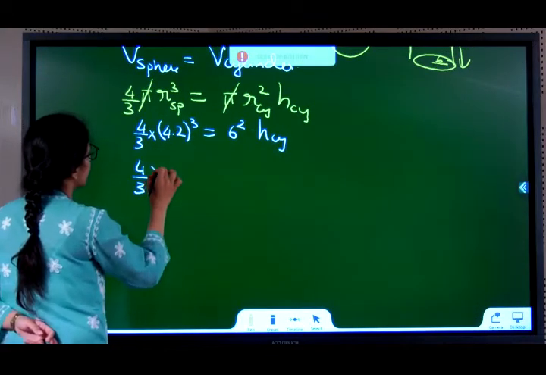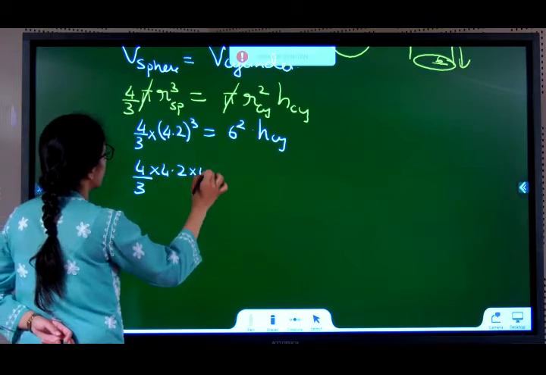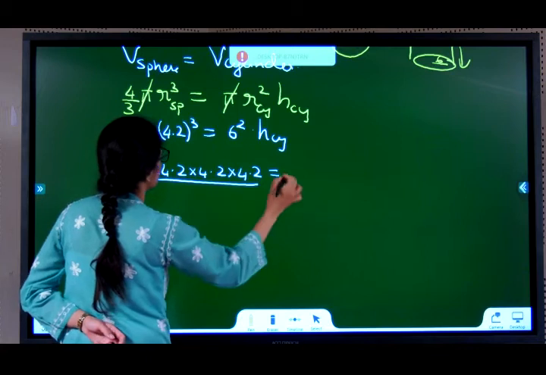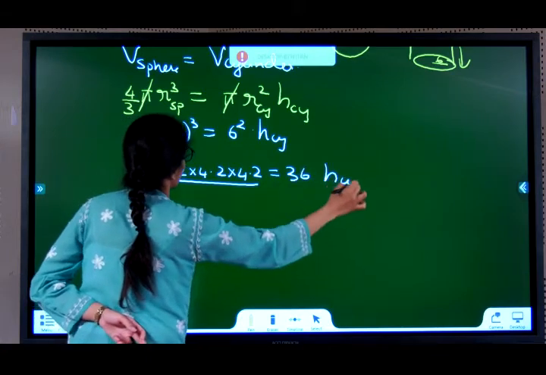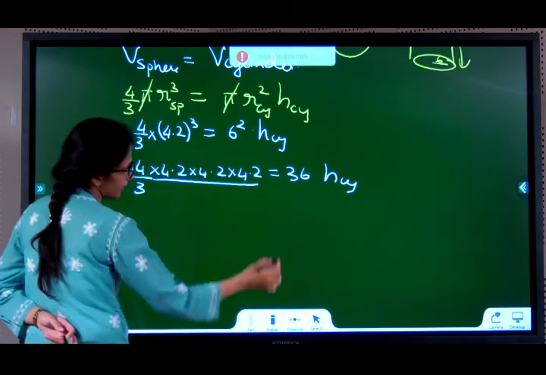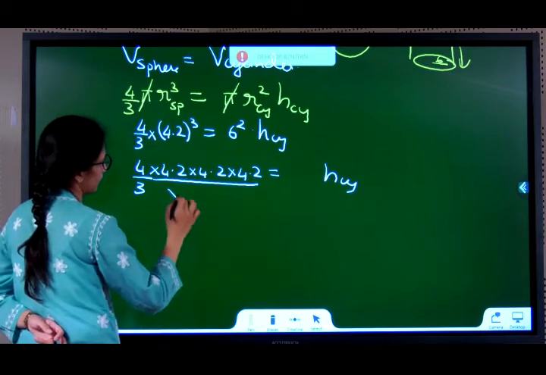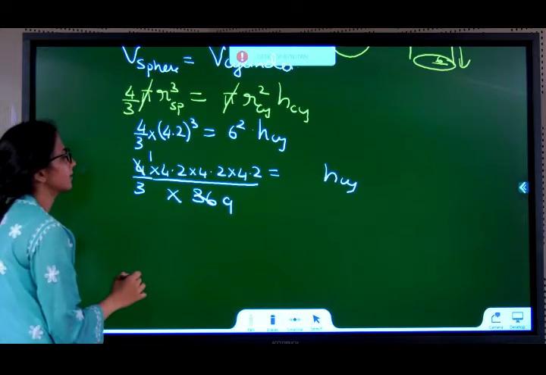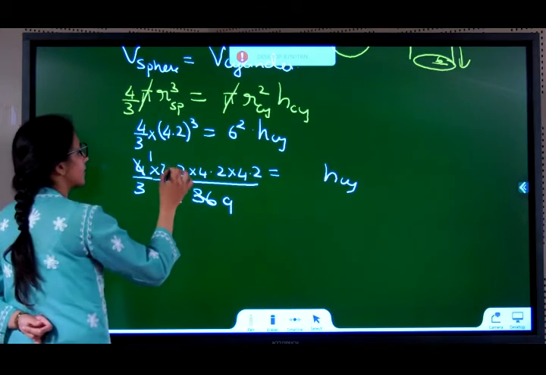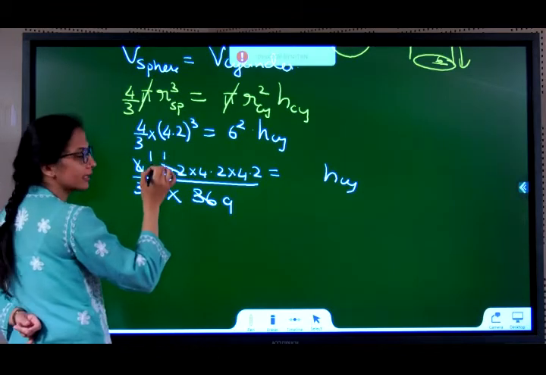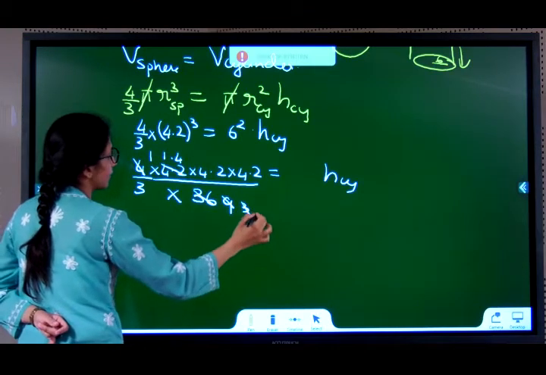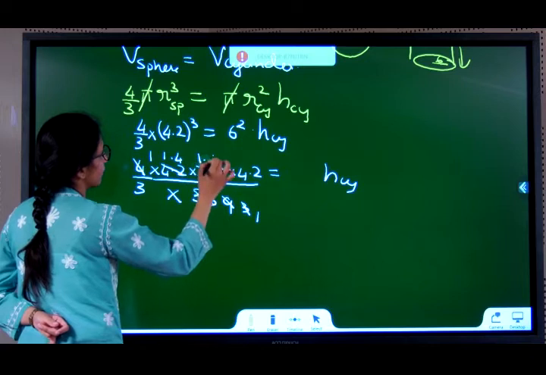4 by 3 into 4.2 into 4.2 into 4.2 is equal to 36 h of cylinder. Shift this 36 down. 4 ones are 4, 4 nines are 36. 3 ones are 3, 3 threes are 9, 3 ones are same, 1.4.